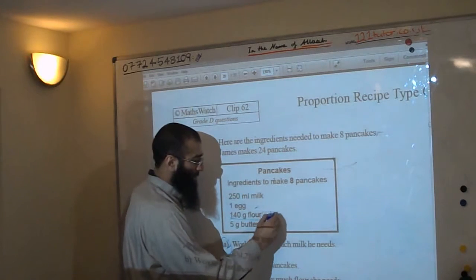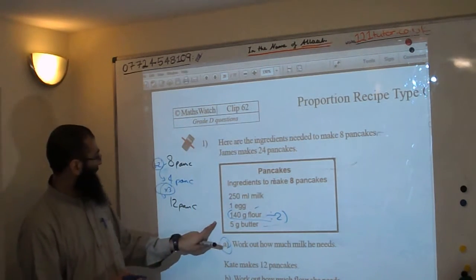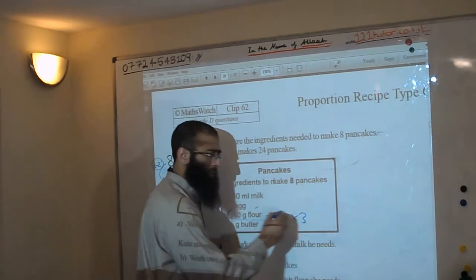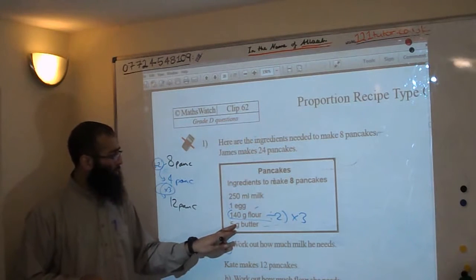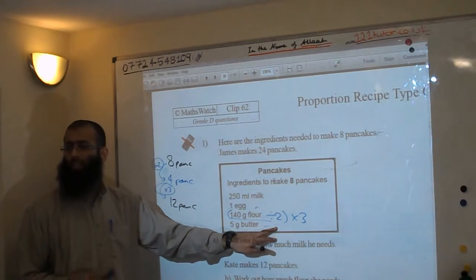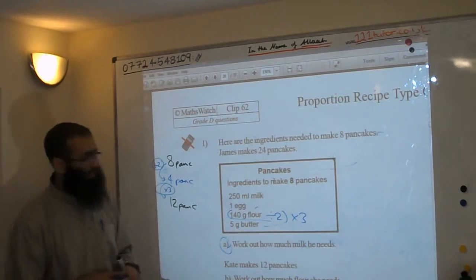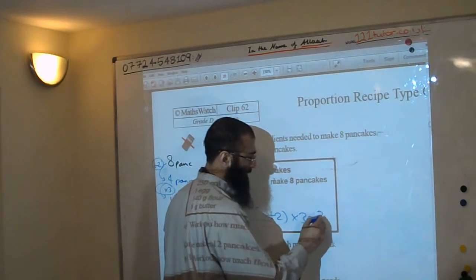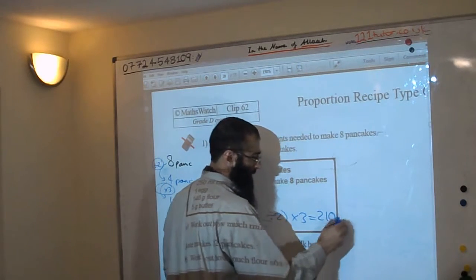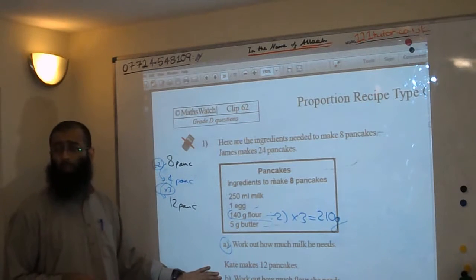So we're going to divide the flour by 2, and then we're going to times it by 3 in one nice calculation. So 140, if we halve it, gives us 70. And 70, if we times it by 3, will give us 210 grams. That's question B done.